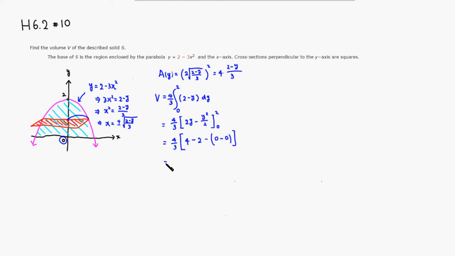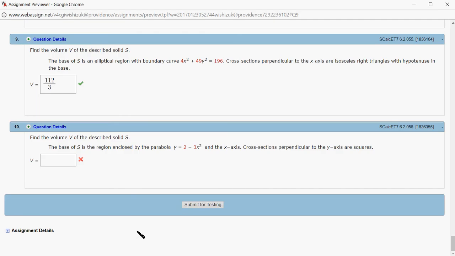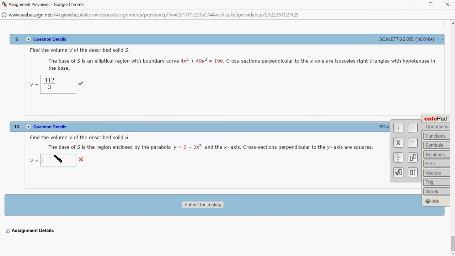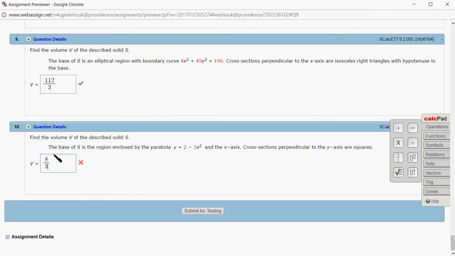So this is going to be 4 times 2 over 3, which is 8/3. So we found 8/3 to be the volume of that solid.